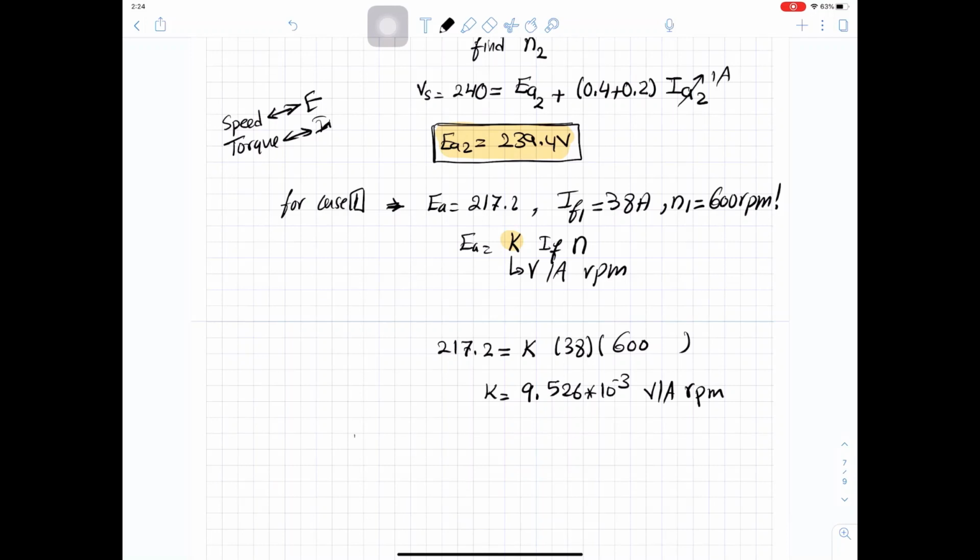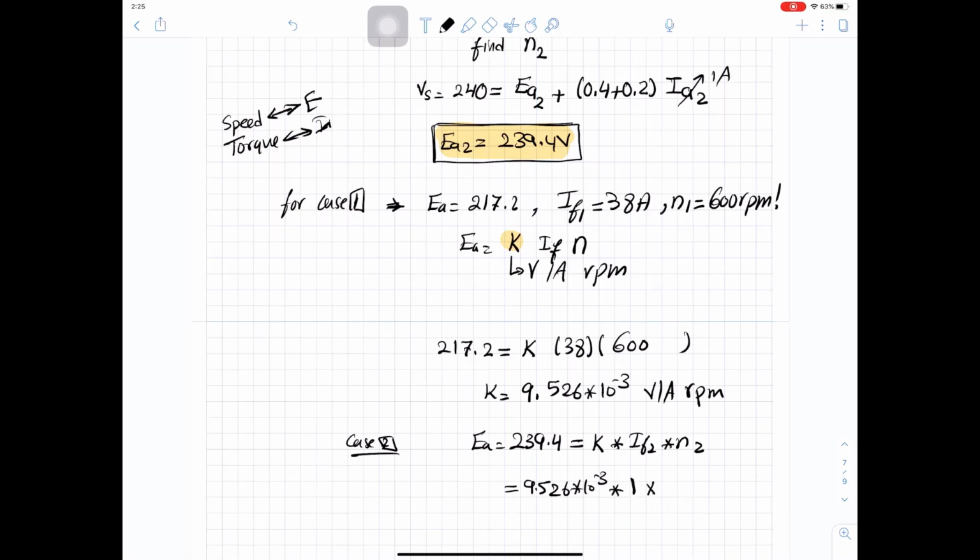Now if we go to case 2, EA equal to 239.4 equal to K, and the K is constant, so same K, multiplied by IF2 multiplied by N2. So K is 9.526 10 power negative 3.